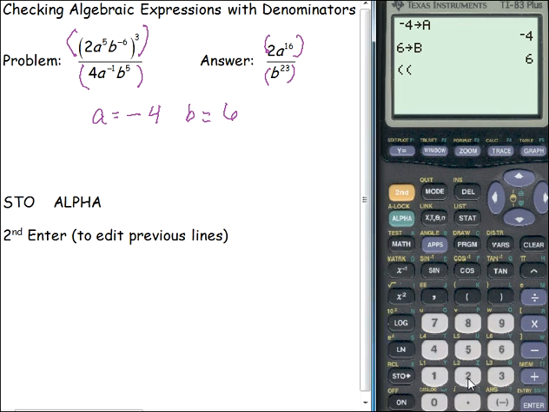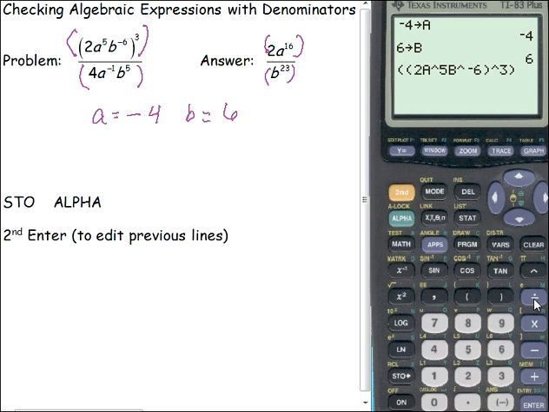And then we'll have 2 alpha a raised to the 5th power, and then b alpha apps raised to the -6, and make sure you use the negative sign, which is next to enter. Close parentheses, raised to the 3rd power, and then close parentheses for the numerator.